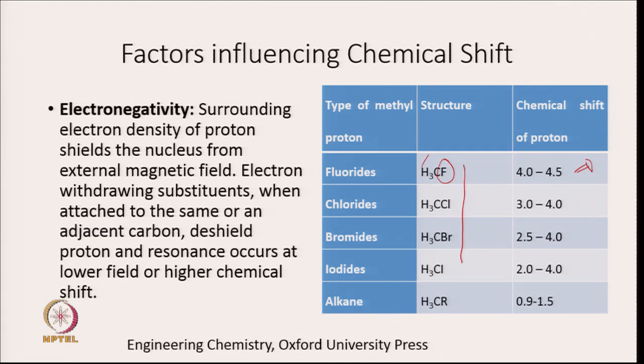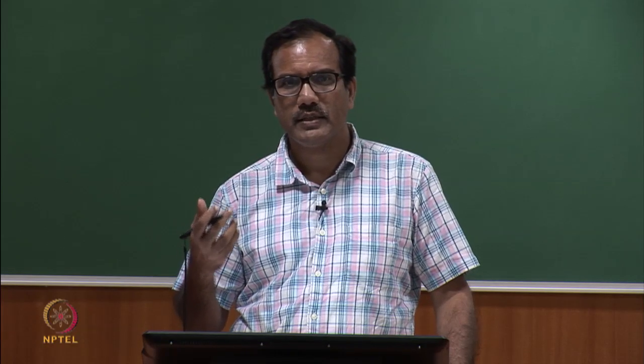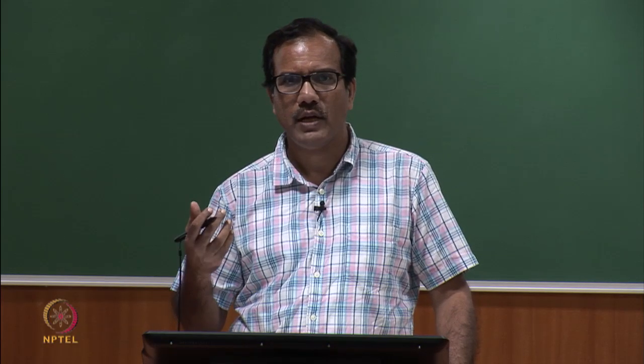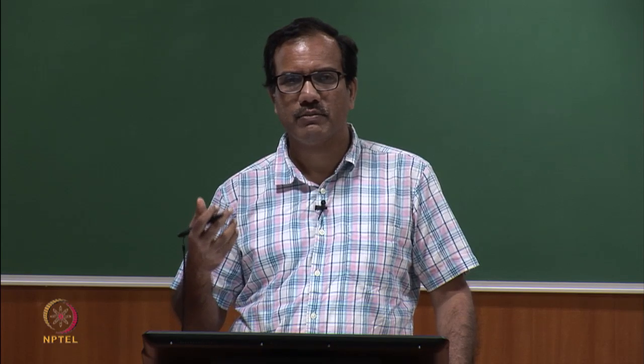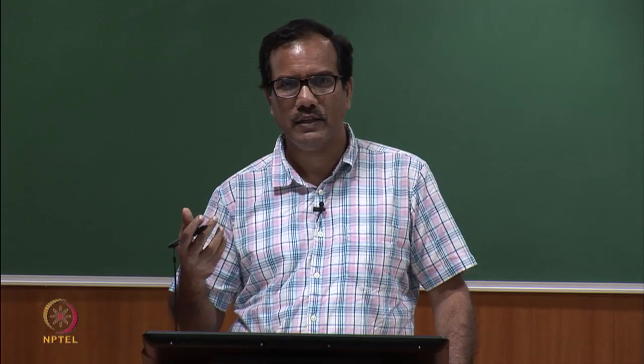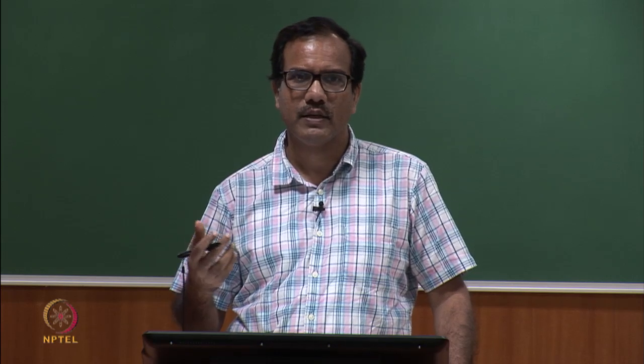As you go down, electronegativity decreases from fluorine to chlorine to bromine to iodine, and so less electron density will be pulled from the proton, and so de-shielding will be small, and hence resonance will occur at higher field or lower chemical shift.